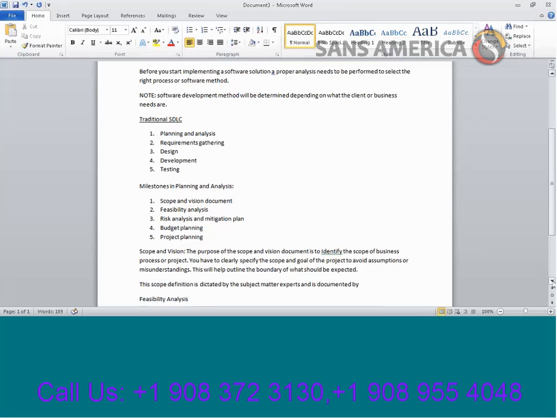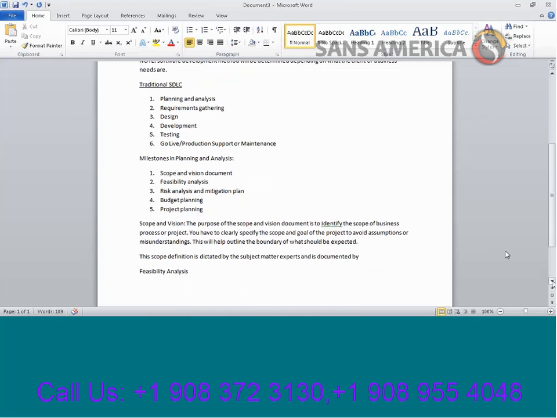However, it is very likely that as a business analyst, you will also be involved in documenting the scope and vision. Now, let's make it very clear. You are not going to define the scope. Your role is only limited to documenting the scope. As a business analyst, you will probably be attending the meetings, the subject matter experts will be dictating the requirements, and you will be documenting the requirements, especially the scope and vision.